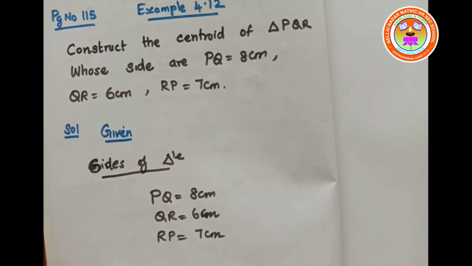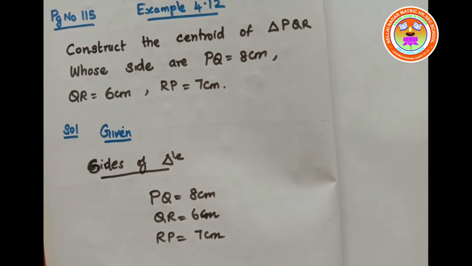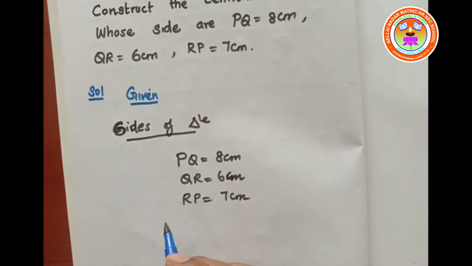Children, in construction, first you have to write given, then rough diagram, fair diagram, then if proof is necessary, you have to write proof, then construction. It's clear, children? Now you have to draw the rough diagram.